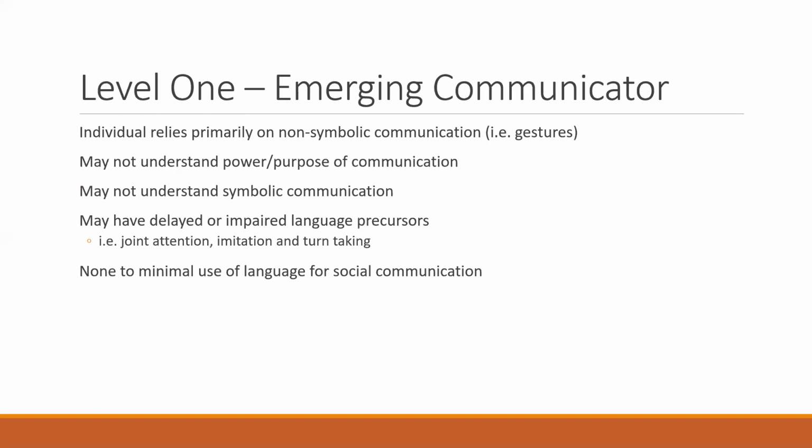They may not understand the symbolic communication, which is why they are primarily using non-symbolic communication. They may have delayed or impaired language precursors, so that's joint attention, imitation, and turn taking. And here we see none to minimal use of language for social communication.